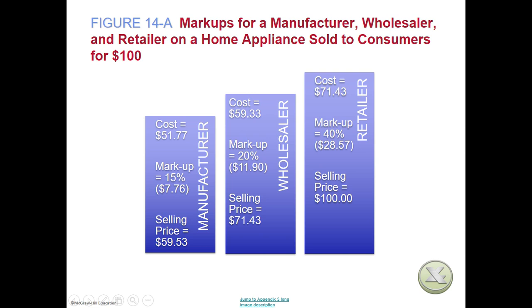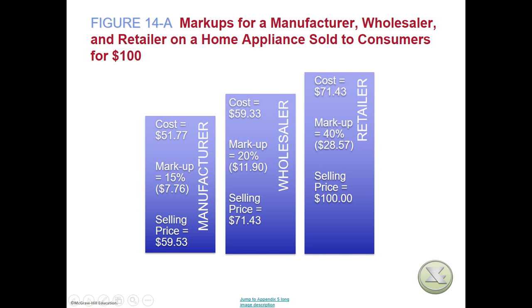That would be $11.90, okay, to come up with the selling price of $71.43. That's the wholesale price. This wholesale price goes to the retailer, which buys from the wholesaler for $71.43, and then they will mark up another 40%. That's $28.57 for our selling price of $100.